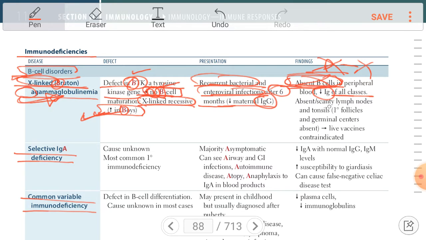There are absent or scanty lymph nodes and tonsils. Why? Because of the primary follicle and secondary follicle. The secondary follicle contains the germinal center.